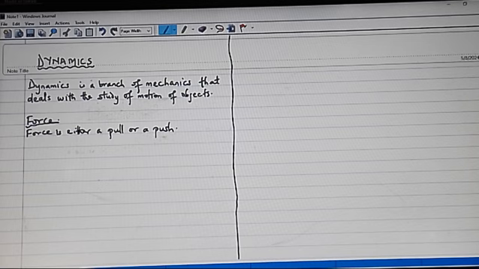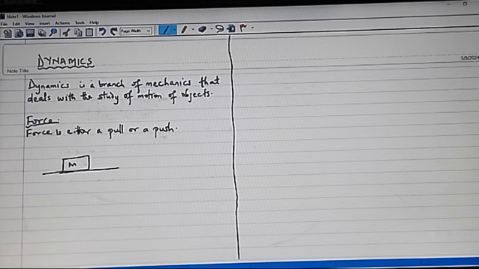Now, when an object is at rest, the object will continue to be at rest except it is acted upon by an external force. So if I have an object, let's say on a horizontal plane, this is an object of mass m.